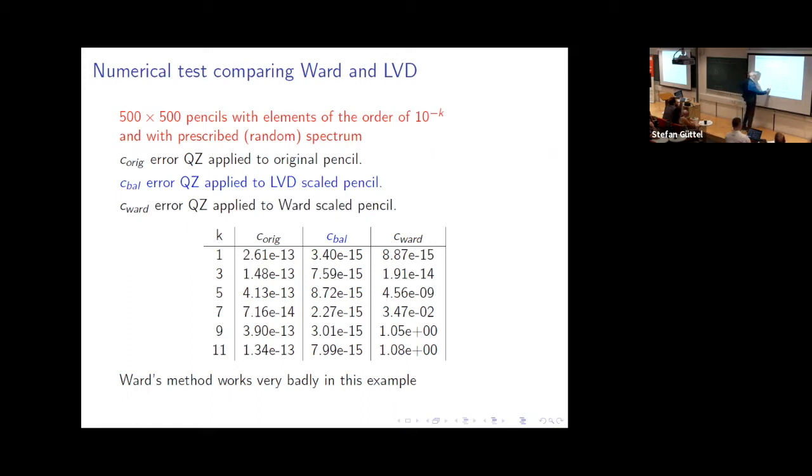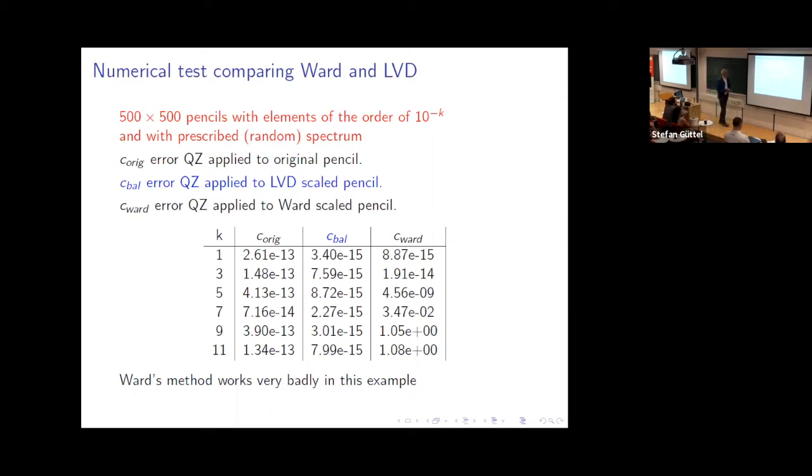So the original matrices had that. This is one of these examples where the Ward method actually did worsen the sensitivity, but the balancing that we had here worked reasonably well, and the errors are all of the order of 10 to the minus 15, which is what you would hope for in the best case.